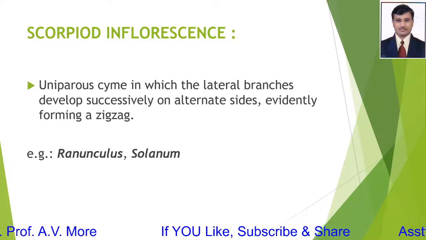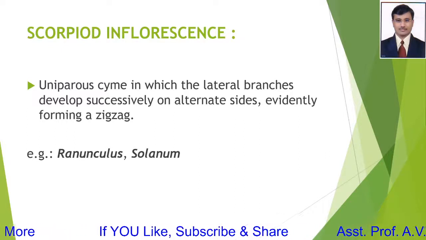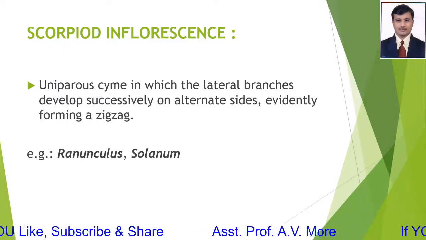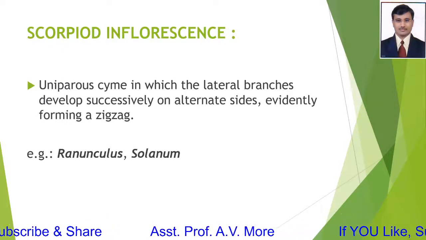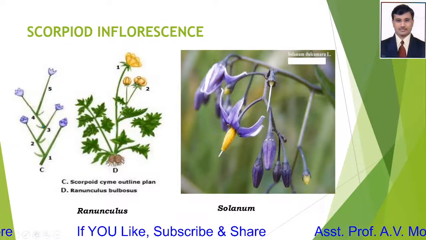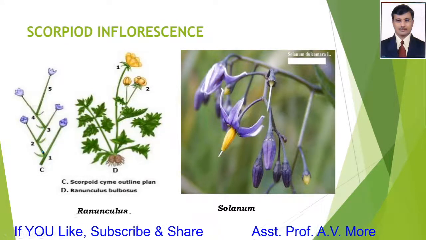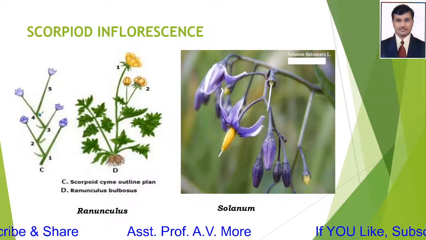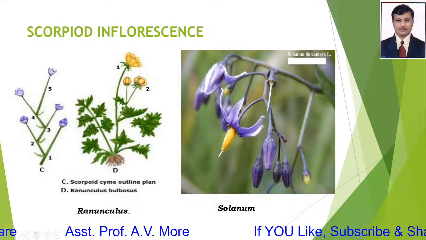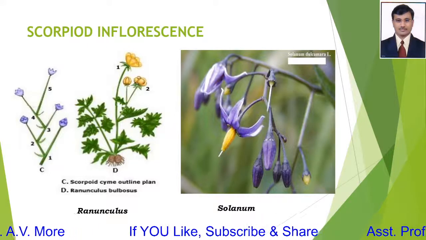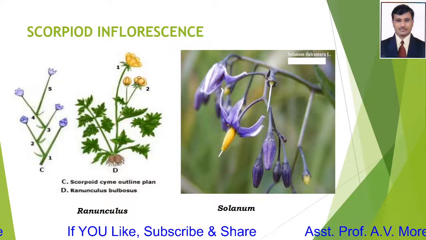This type of inflorescence we call scorpioid inflorescence. Example, Ranunculus or Solanum. Friends, see here the branches develop in a zigzag manner. This type we call scorpioid inflorescence.